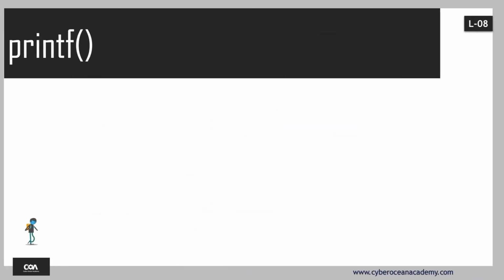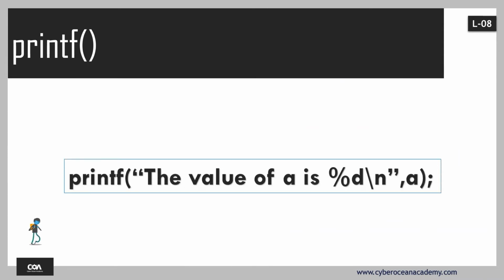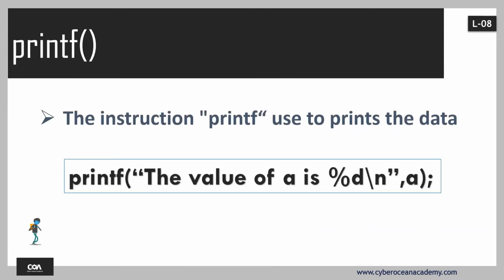In the same way, we have a printf function. Already you are familiar with printf. Basically the printf function is used to print data on the output screen. It is also a predefined function, which is already in stdio.h, our standard input output header file. We need not write the whole functionality of printf.